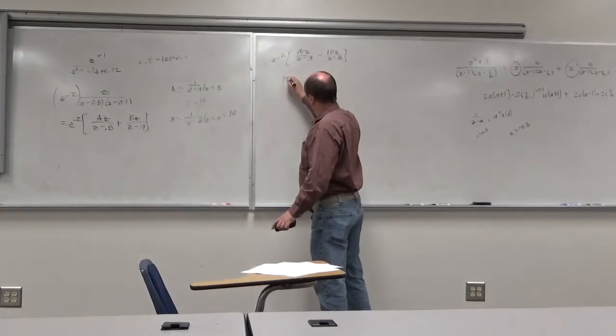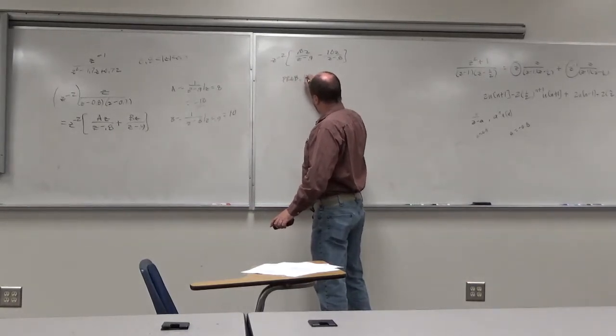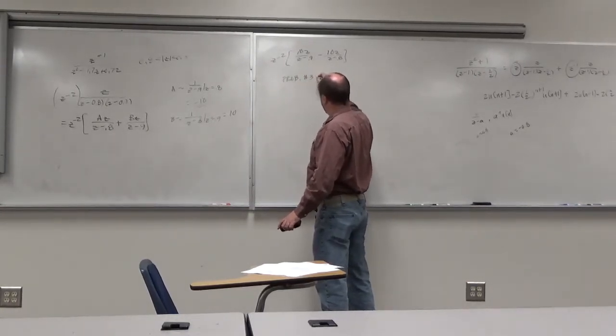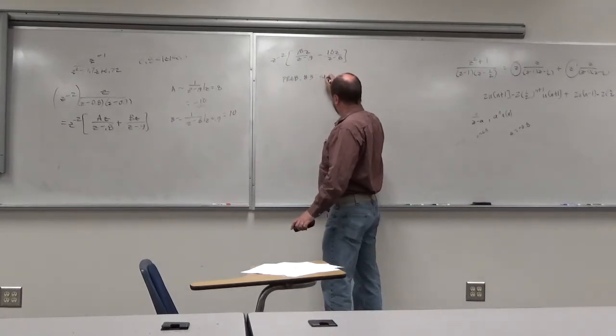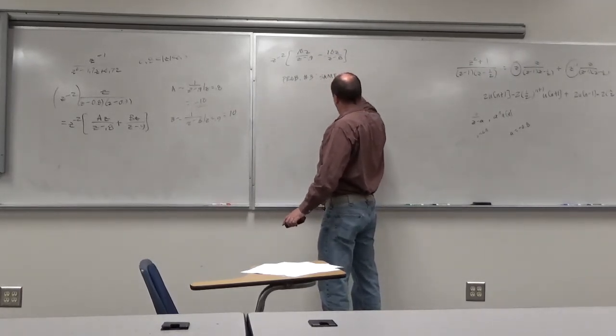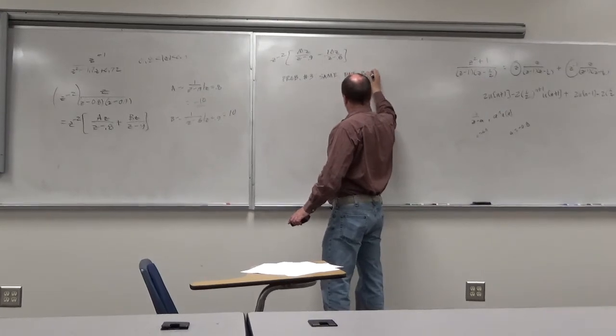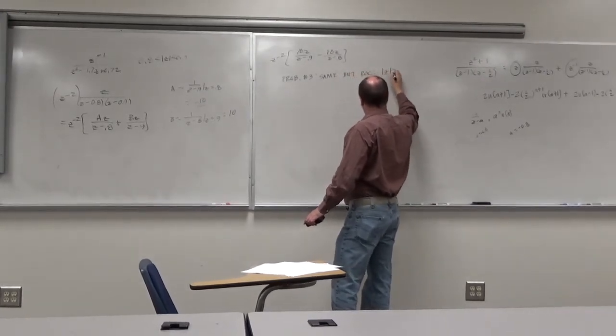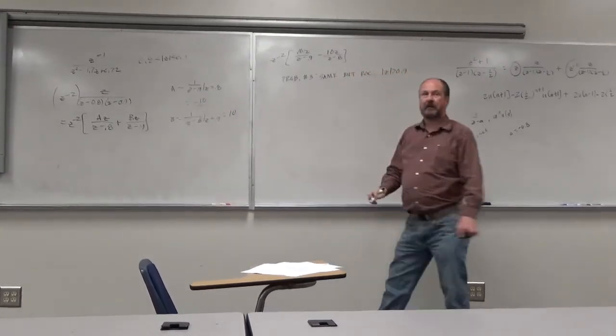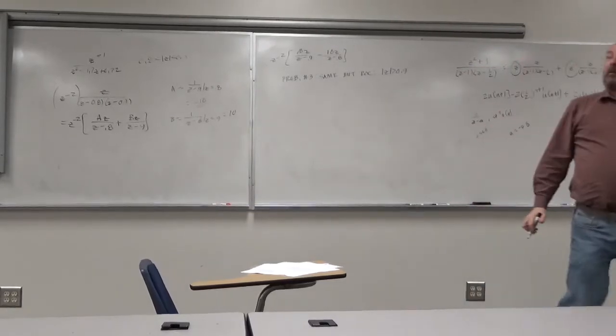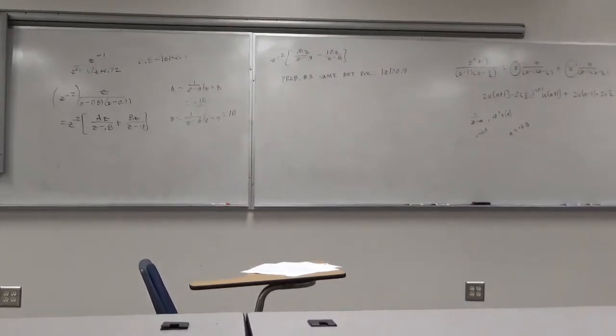Problem number 3 says it's the same, but the ROC is magnitude of z greater than 0.9. By the way, the ROC does not affect the partial fraction expansion, which means what we've done so far is all right.